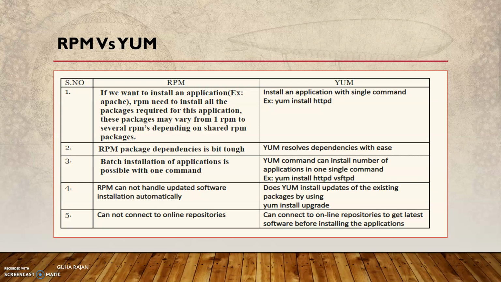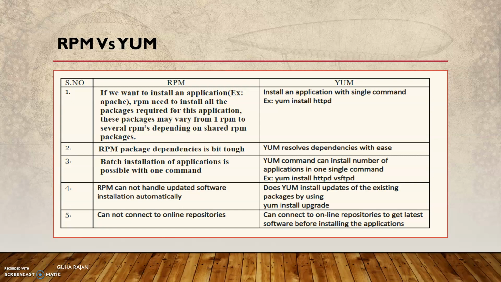That is where the challenge happens between RPM and yum. Whereas with yum, you can install all the dependencies with a single command. It will resolve all the dependencies. With RPM packages, dependency handling is a bit tough. You will miss out some of the dependencies and the package might not work effectively.